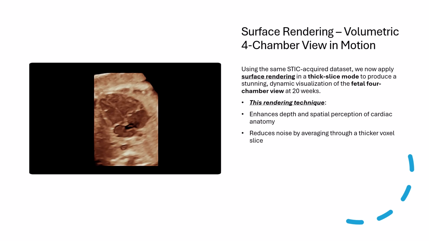Second, by averaging data across a thicker voxel slice, it smooths out noise and highlights structural continuity. Third, and most importantly, it allows for clearer visualization of key features such as endocardial borders, interventricular and interatrial septa, and the motion of cardiac valves, all in real time.